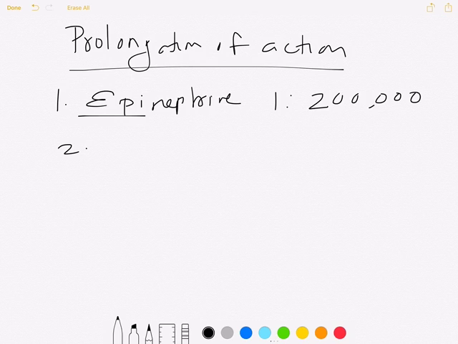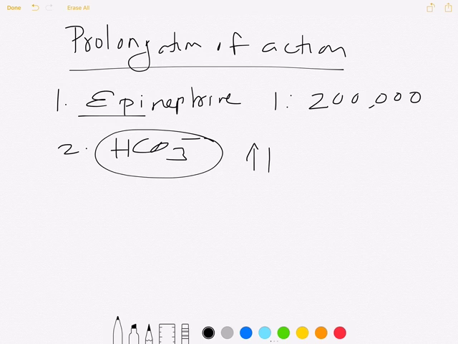And then you can also prolong the action by adding bicarbonate. What bicarbonate would do is increase the pH, not a rocket science, increase the pH of a local anesthetic formulation and hence increase the unionized fraction.